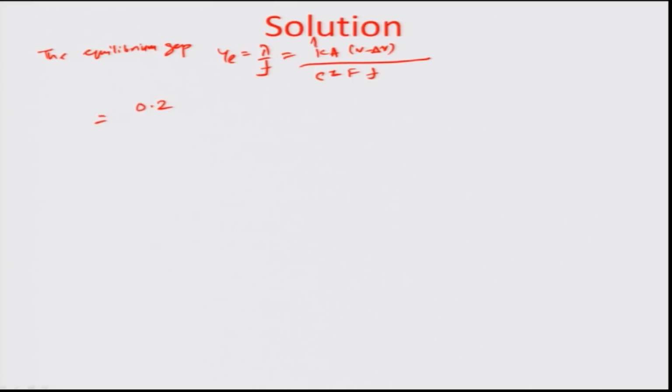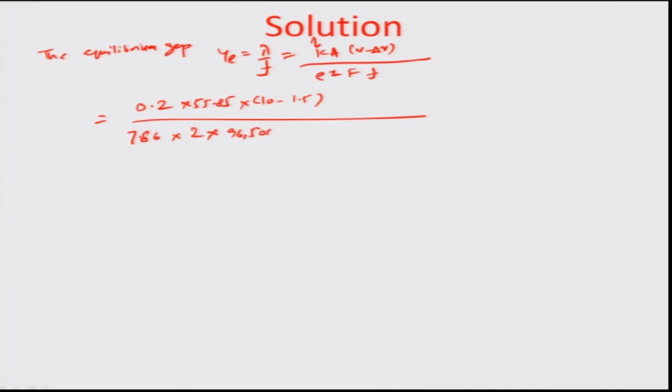In this case, the K value is 0.2 ohm inverse centimeter inverse, atomic weight of iron, we are assuming iron workpiece here, so 55.85, times voltage minus over voltage, which is about 8.5 volts, divided by the density of the iron that we are removing, which is 7.86 gram per centimeter cube, times the smallest dissolution valency, which is the ferrous state, plus 2, the Faraday constant 96,500 coulomb, and times the feed rate, which is 0.2 divided by 60 centimeter per second.